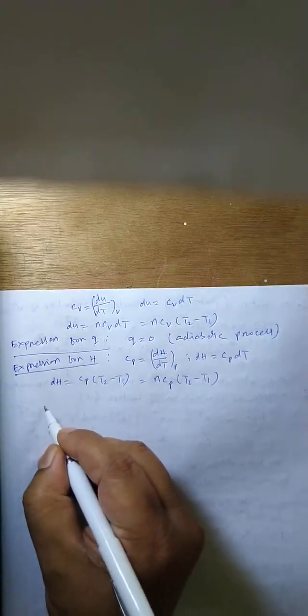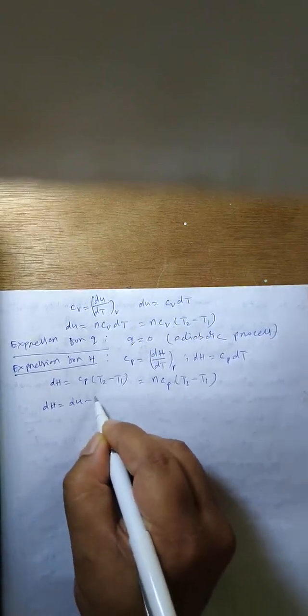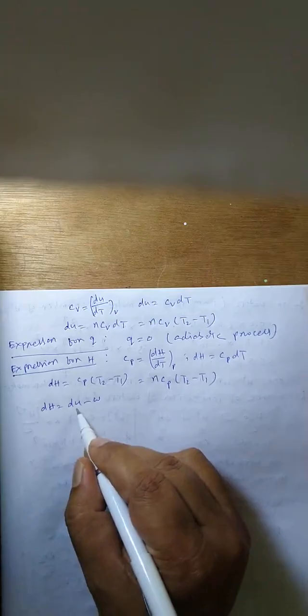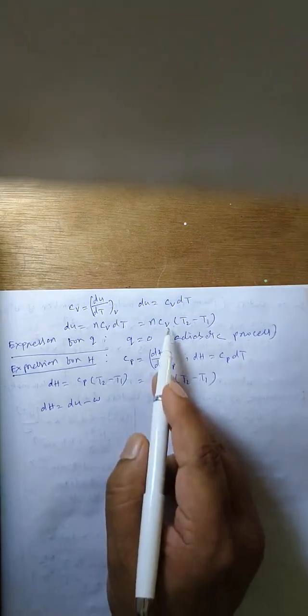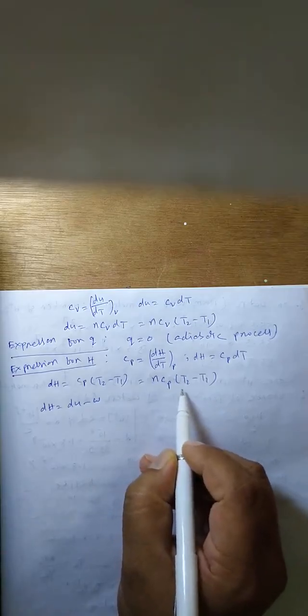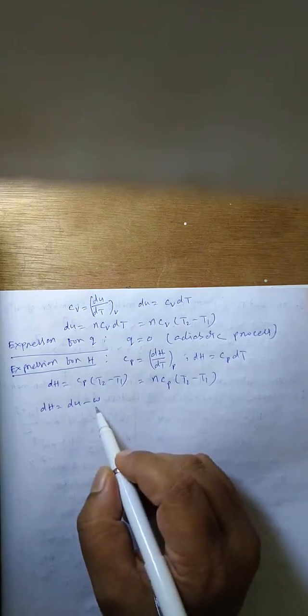Now we know that dH is equal to du plus d(PV), with expansion work carried out. We know du is equal to n Cv (T2 minus T1), and w is equal to minus PdV.